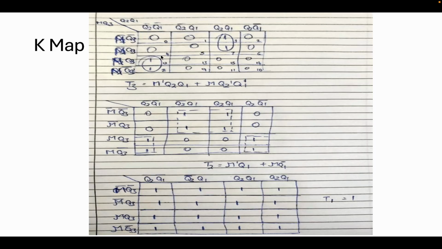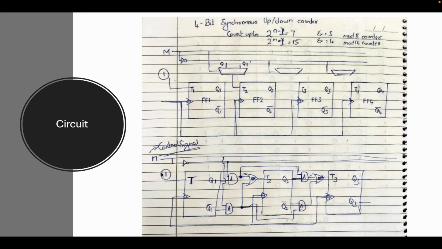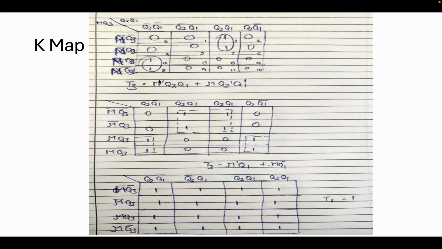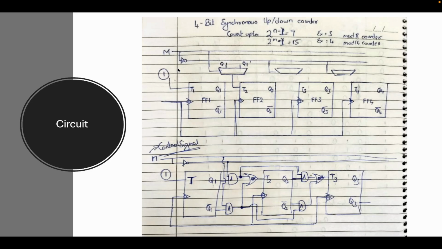Then I see what is required for T. First I'll begin with T1. T1 requires 1, so I give logic 1 to T1. Then I get Q1 and Q1 bar as output. Based on my Boolean expression here, I require an AND gate and an OR gate. I've done the same here.